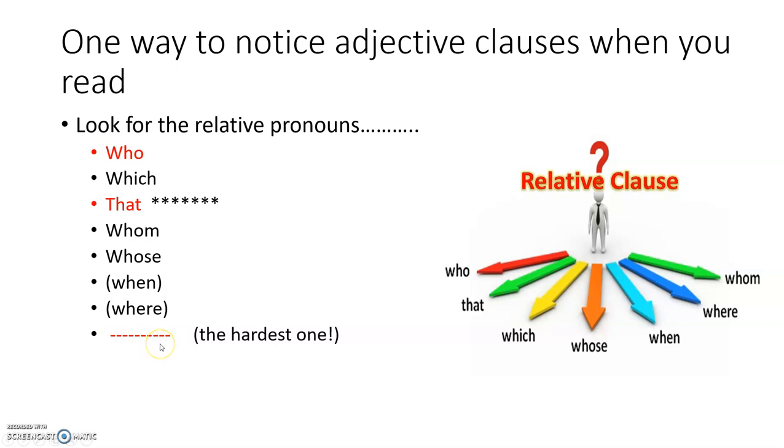Nothing. That is also very common, that there is no relative pronoun, and that's the hardest one because it's invisible and you can't see it, okay? But when you read, it's really good if you can start looking for these pronouns and see if you can identify some adjective clauses, and do you know what noun they are describing?